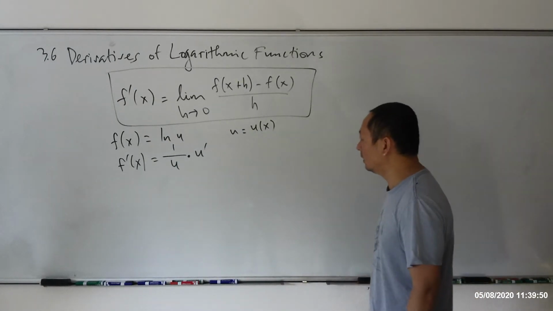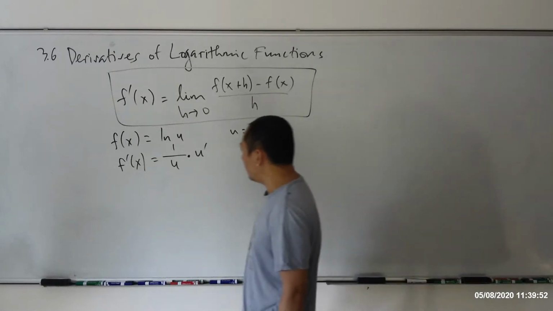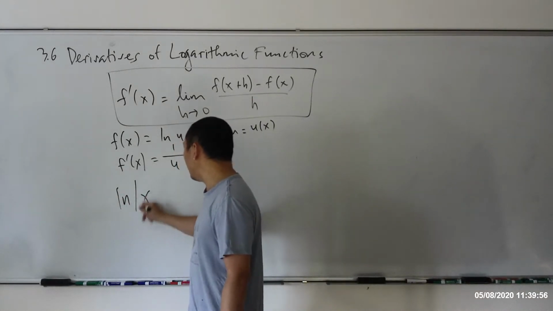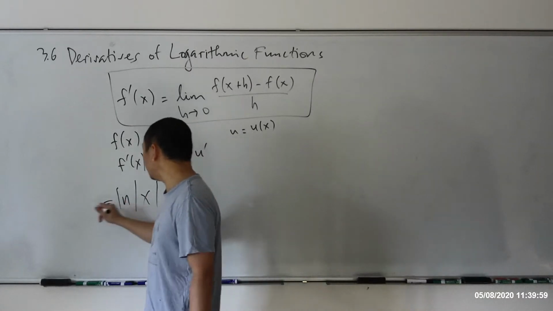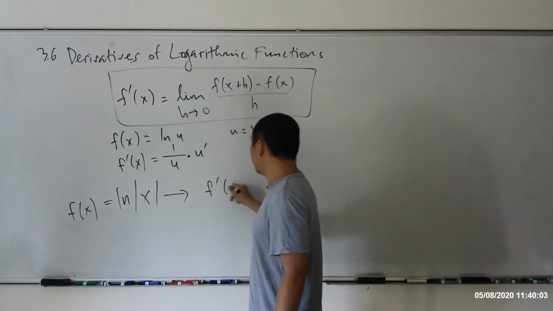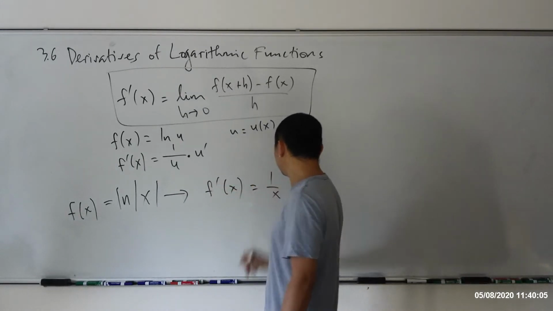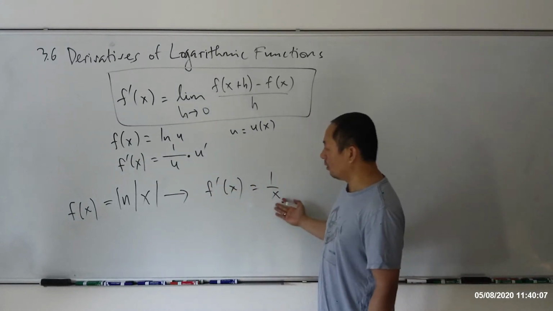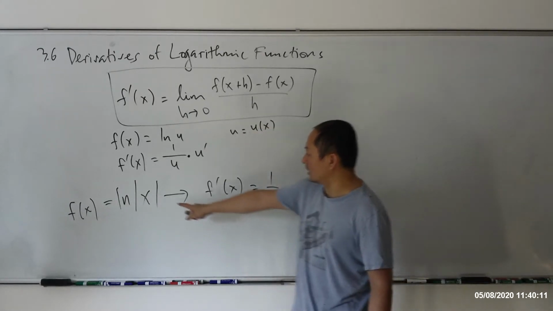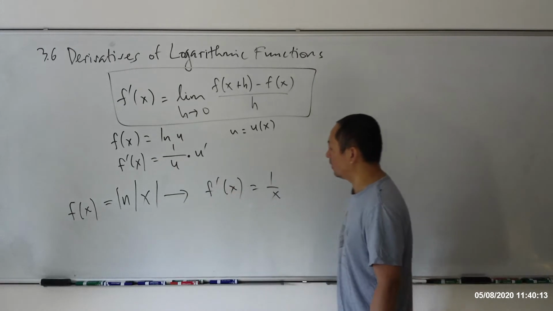Alright. And then I think we have another one involving absolute value. ln of absolute value of x. Instead of x, it's the same thing. Then f prime of x is still 1 over x. No more absolute value in here. ln of absolute value of x, just in case x should be a negative number, you put absolute value.